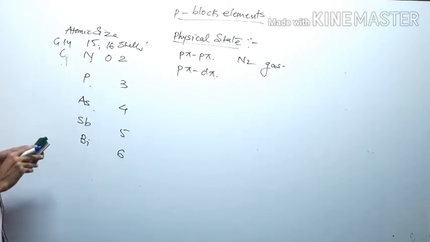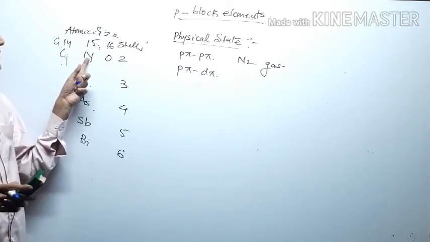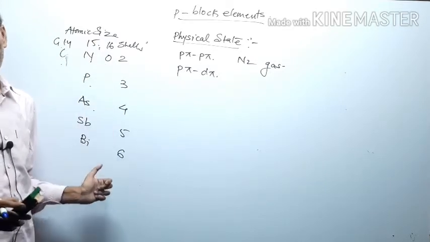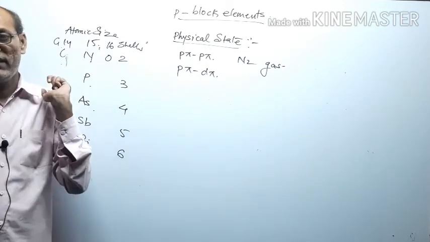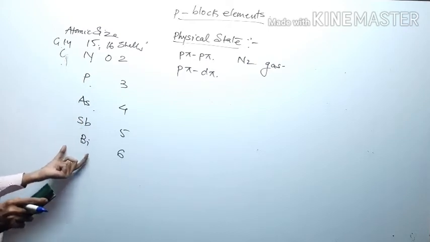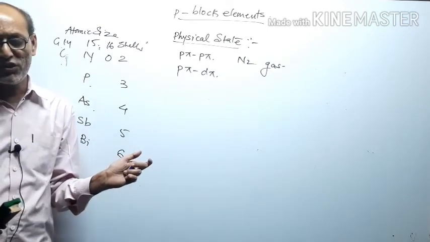So dear student, what do you observe? Nitrogen will be smaller than carbon and bigger than oxygen. That means group 15 elements are smaller than group 14 elements and larger than group 16. But on moving from top to bottom, the atomic size will increase because the number of shells is increasing.